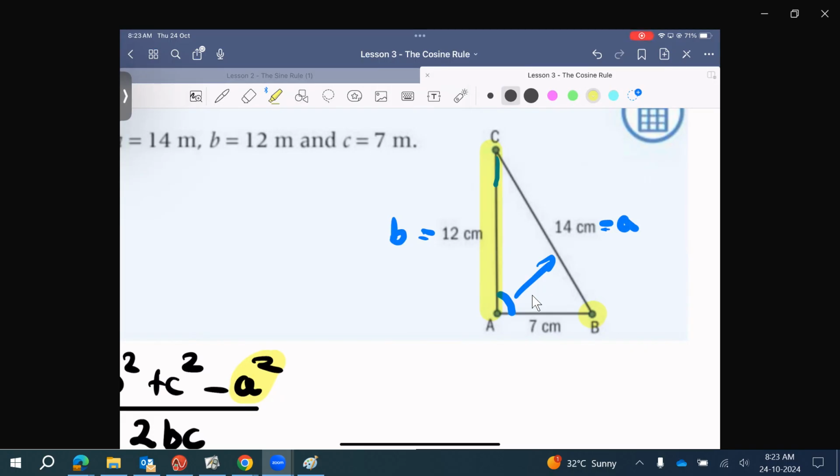Side A doesn't touch angle A. Angle C and side C don't touch each other. So this one here is going to be C.